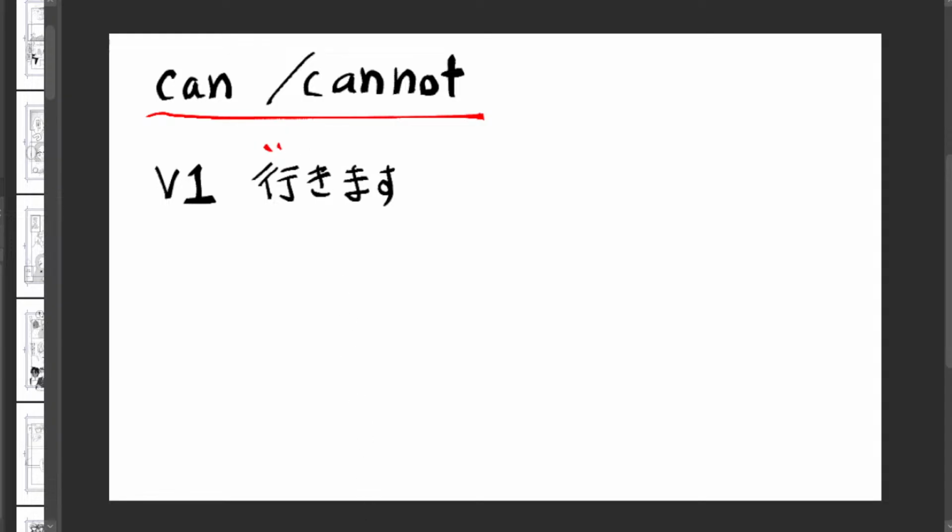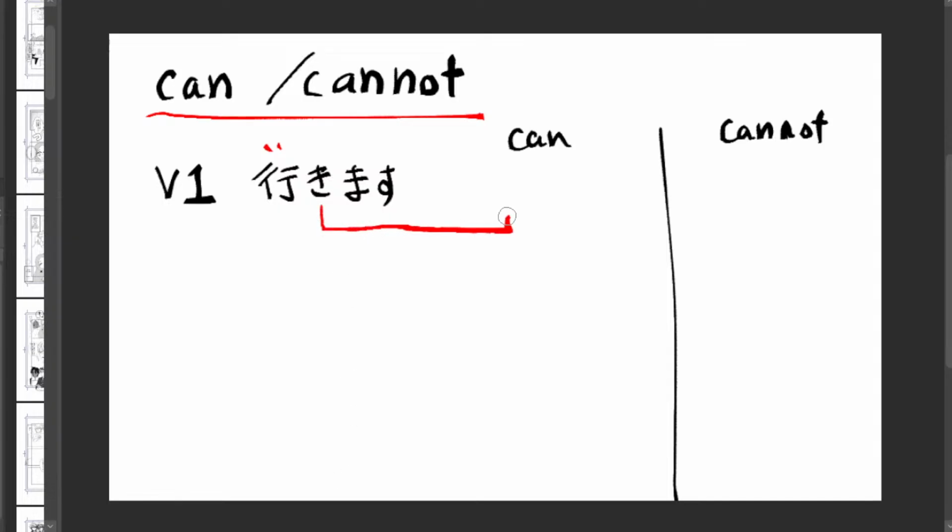How do you change this to can and cannot? You change the sound ki to the sound from the column E. So ikimasu means go, and ikemasu would mean can go.